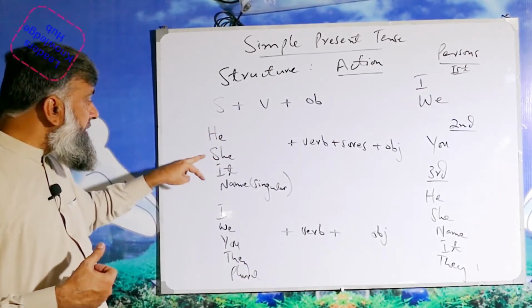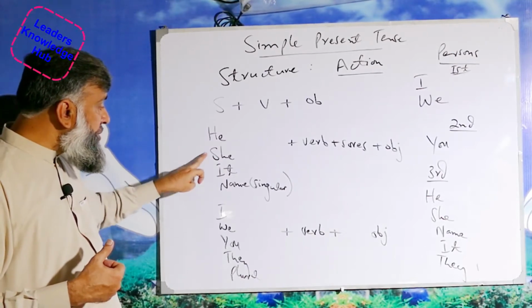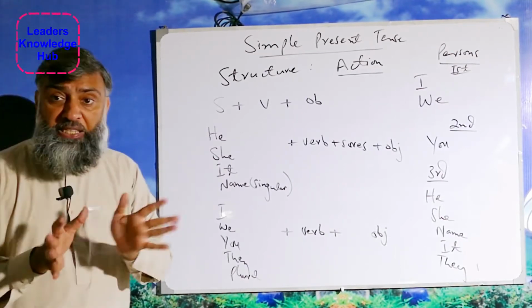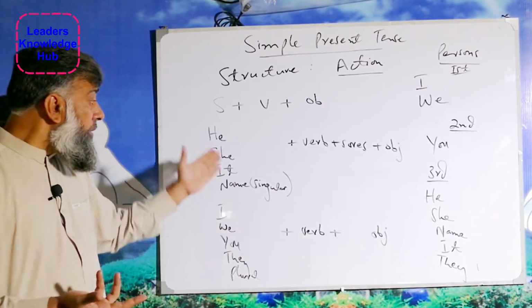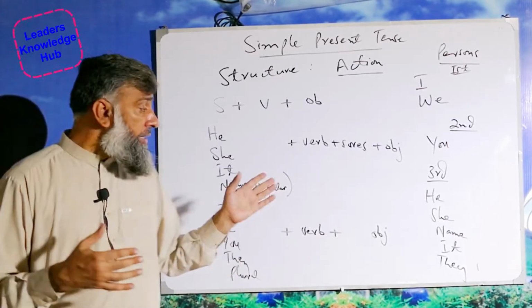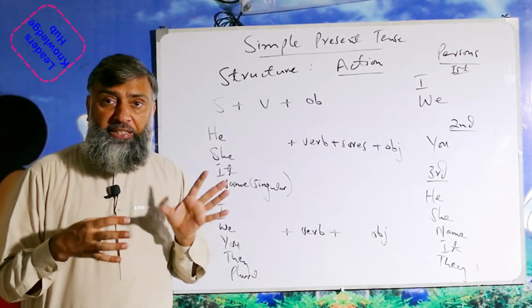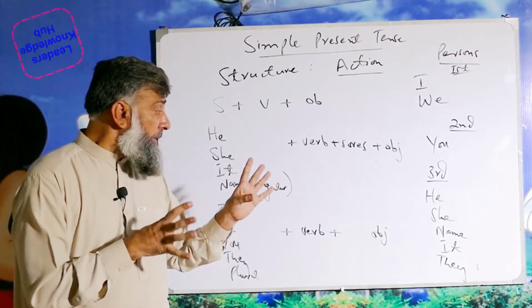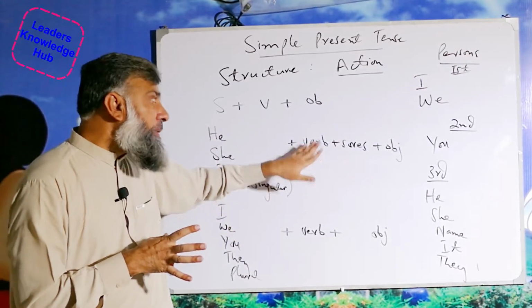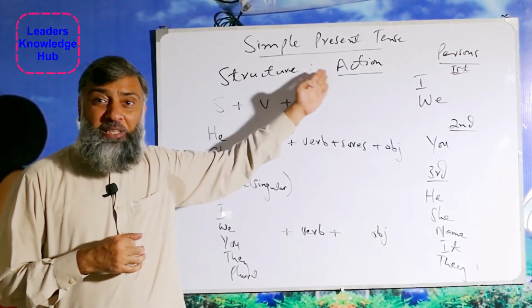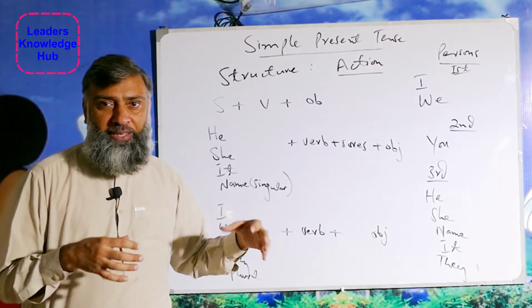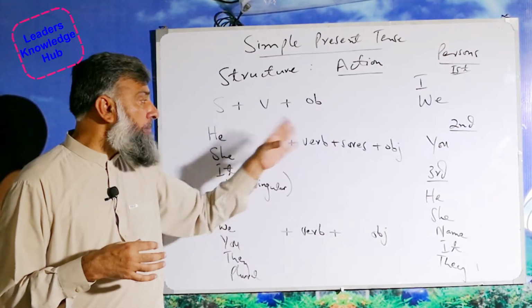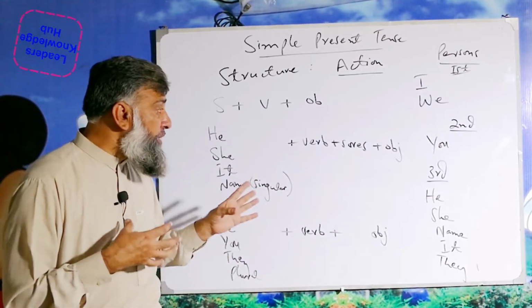As far as structure is concerned, the doer of action, like he, she, it, or a singular name, suppose Ali or Aisha, you need to use at the very beginning, at the position of subject. This is the basic structure. Then you need to use verb, and in our case the verb will be action verb, because we are doing simple present tense with reference to action verb.